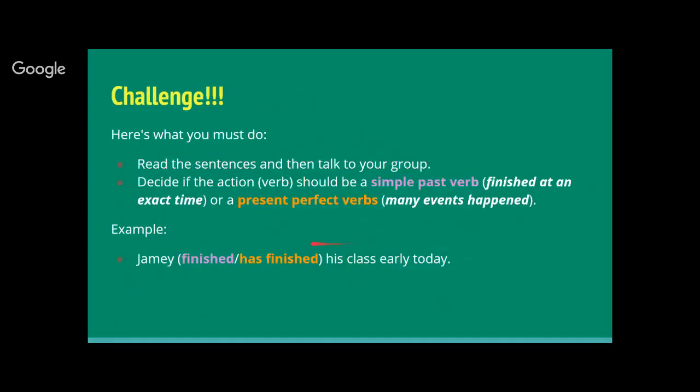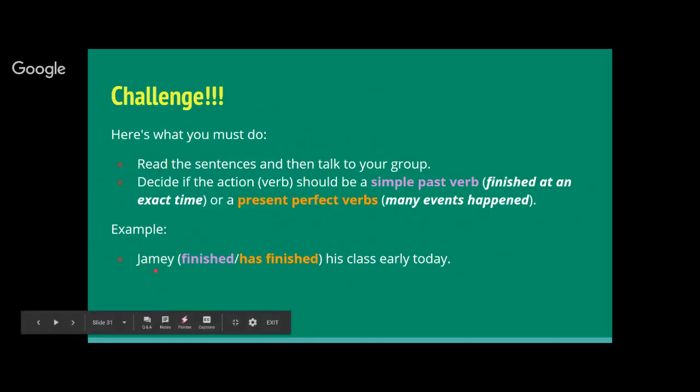All right. So another activity for you. So here's what you do: read the sentences, and then if you have partners, talk to your partners. Decide if the action should be simple past, so if it finished at an exact time, it should be simple past, or a present perfect verb, which means that many events happened in the past.